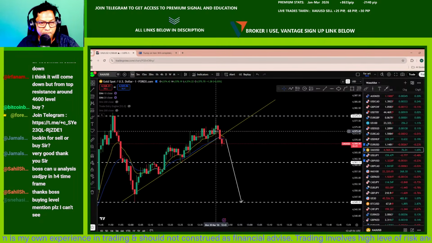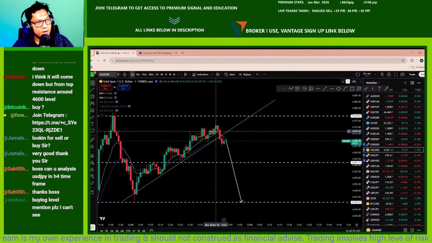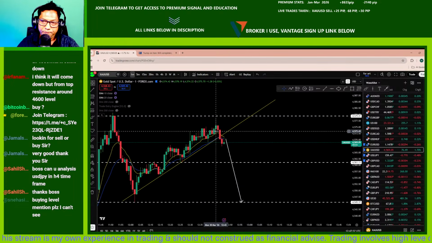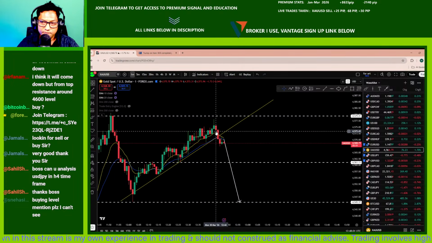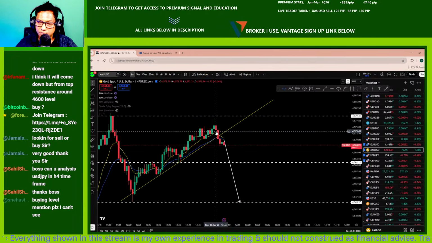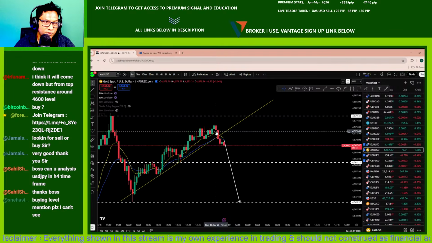Volume is up, and then it will go down again, looking for an entry. We see there is a head and shoulders being formed.